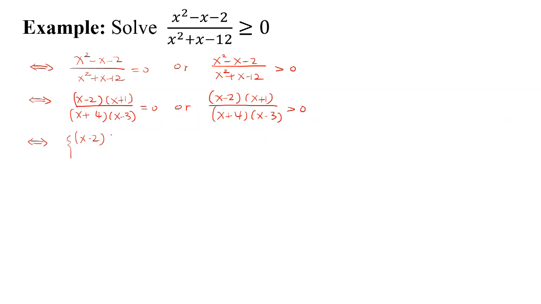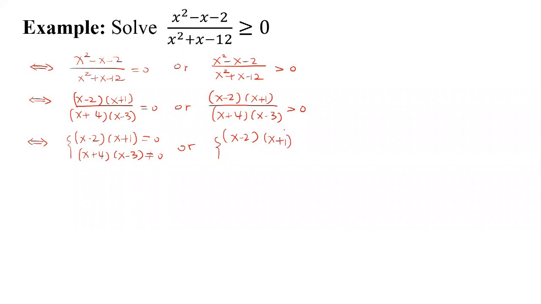Okay, next, for this equation, if you have a ratio that is 0, this is equivalent to the numerator being 0, but the denominator is not 0. And for the inequality here, the ratio between two expressions is greater than 0. This means the signs in front of the two expressions are the same, right?